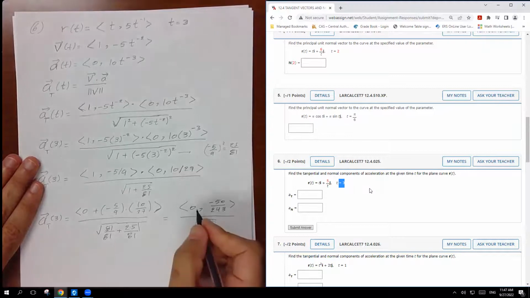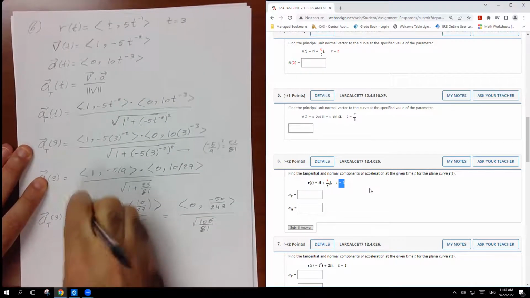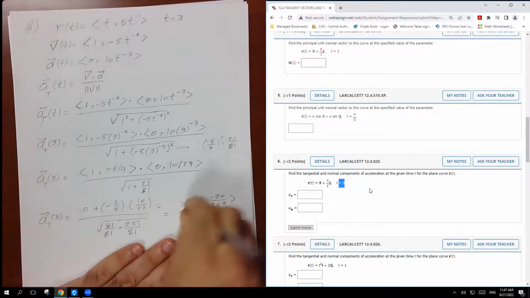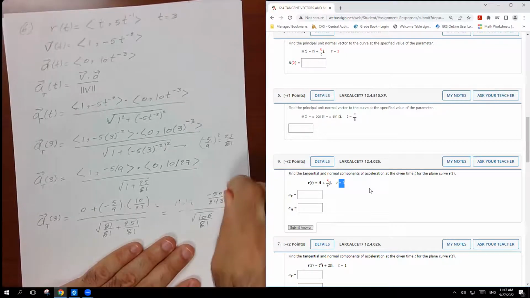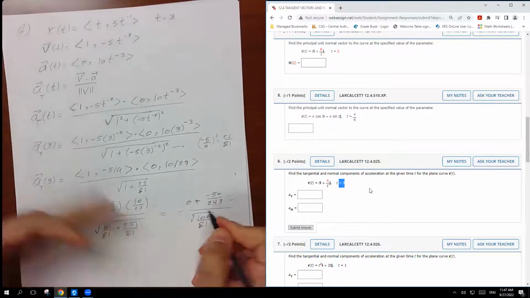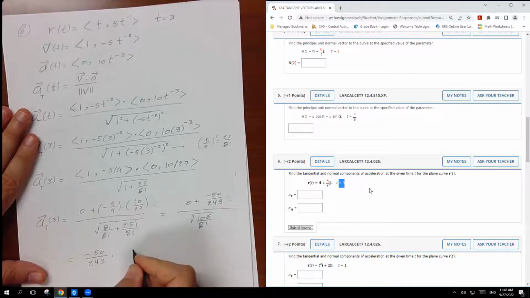Because this one is a dot product, we don't have to write it down as a vector. Zero plus, that means this one is going to be negative 50 over 243 times the square root of 106.